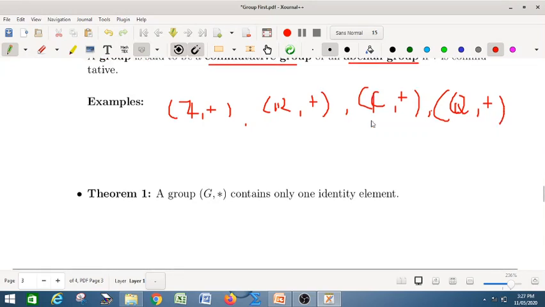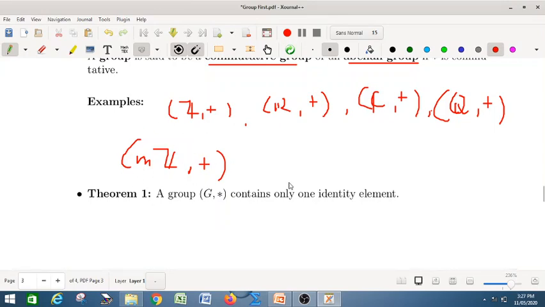And also if you say mZ comma plus, where m is an integer, mZ means 2Z, 3Z, that is even integers, multiples of 3, multiples of 5, etc. These are also groups. But Z comma dot is not a group.